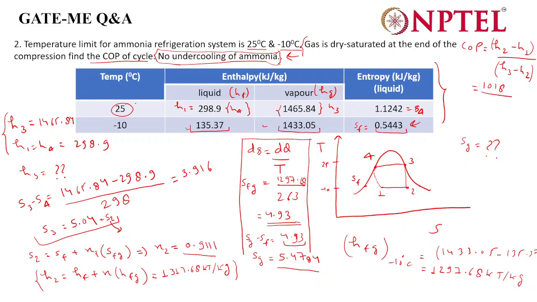What is the power input? H3 minus H2. H3 is this, and H2 is what we have calculated here. What is the difference?